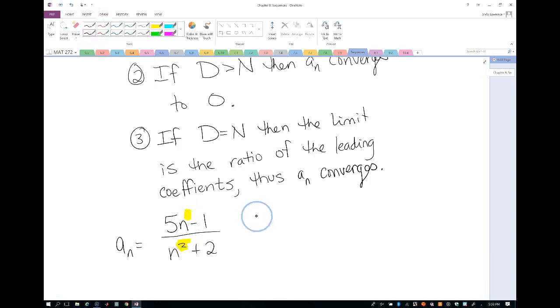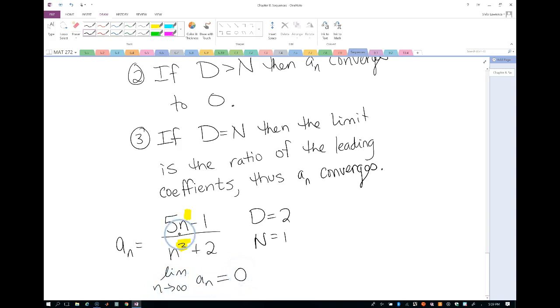So we've got D equals 2, N equals 1. So D is larger than N. That means this limit is 0. The limit as n approaches infinity for a sub n is 0.